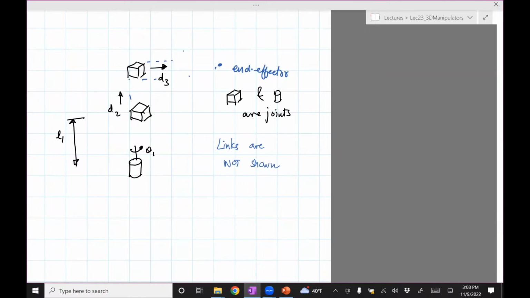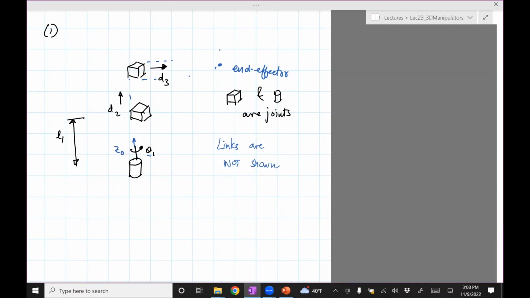Okay, let's assign coordinate frames. Step number 1. Reading from the handout, step number 1 is assign Zi along the axis of actuation. So the axis of actuation is this. This is going to be my Z0.